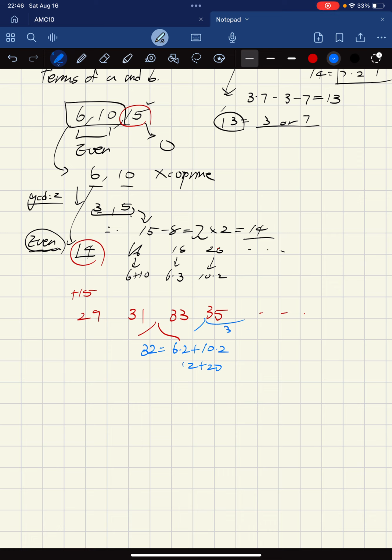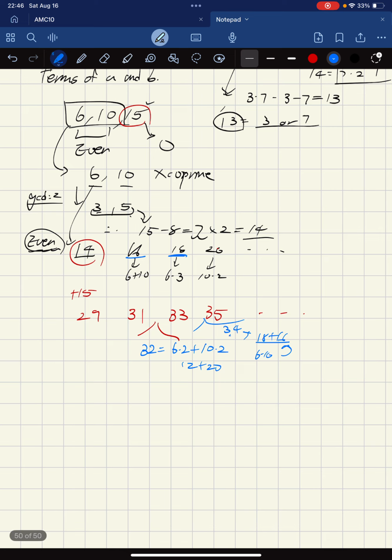And 34 can also be represented. Why? Because it's a cycle, if you notice. It's just going to be 18 plus 16, but those two numbers can already be represented by 6 and 10. So this can also be represented by 6 and 10.